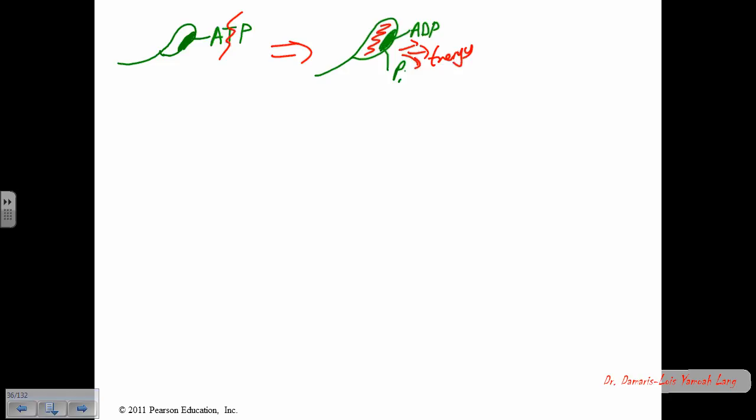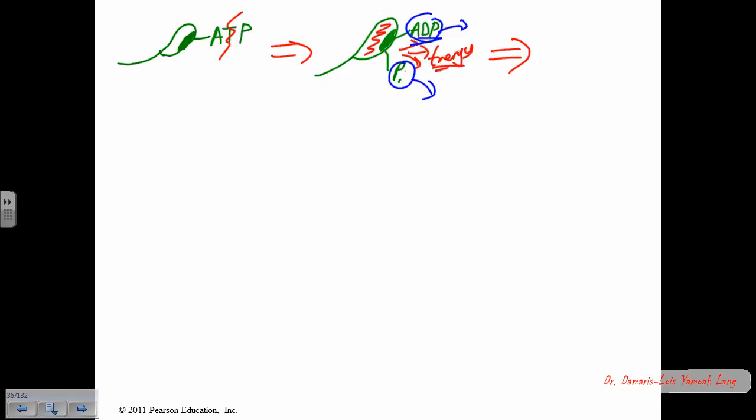So after it's done doing that and used most of the energy, while it's attached, the ADP and phosphate will fall off. Some books will tell you only ADP is attached, not the phosphate. Either way, it doesn't matter. There's an ADP attached. Okay.